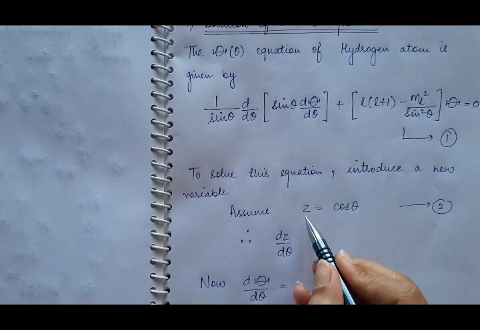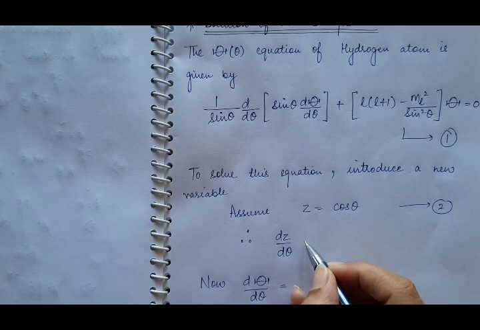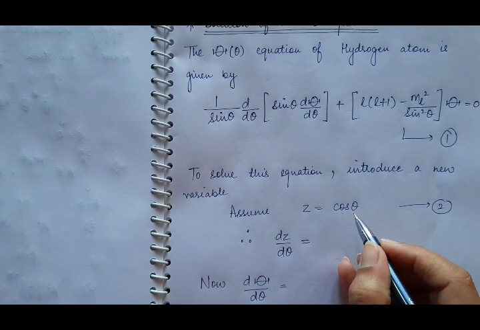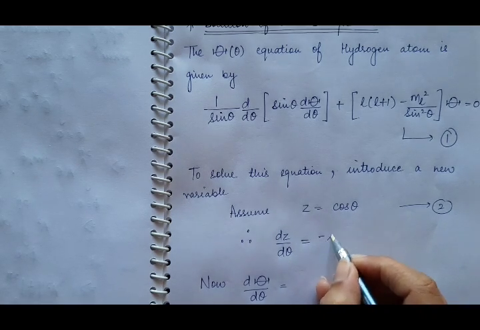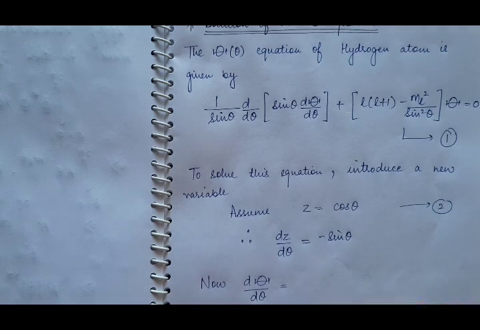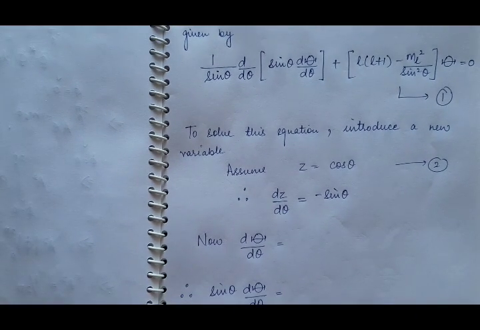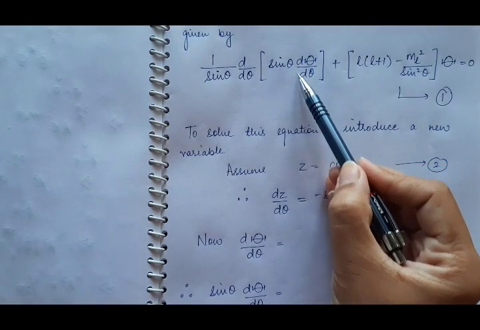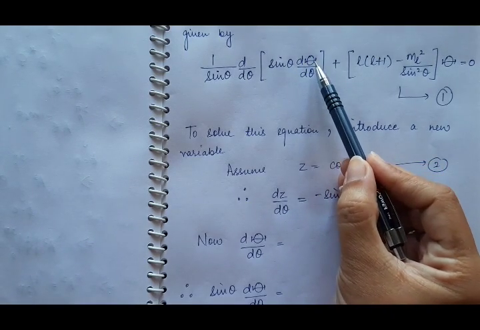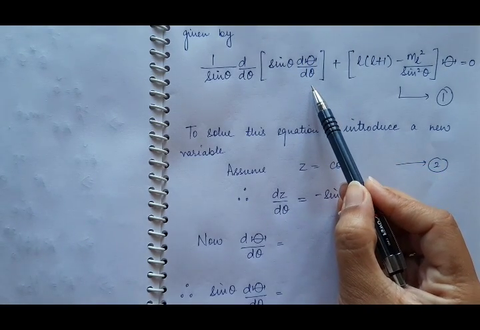So first of all, find dz by d theta. It will be the differentiation of cos theta, which is minus sin theta. Then first of all, we have to find the differentiation of the wave function theta with respect to theta.